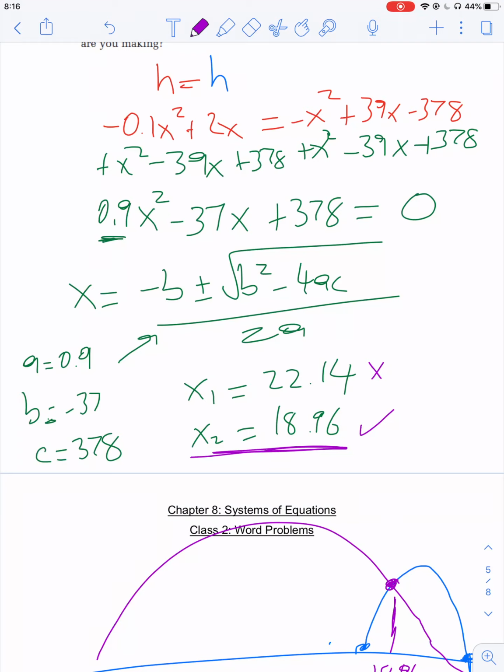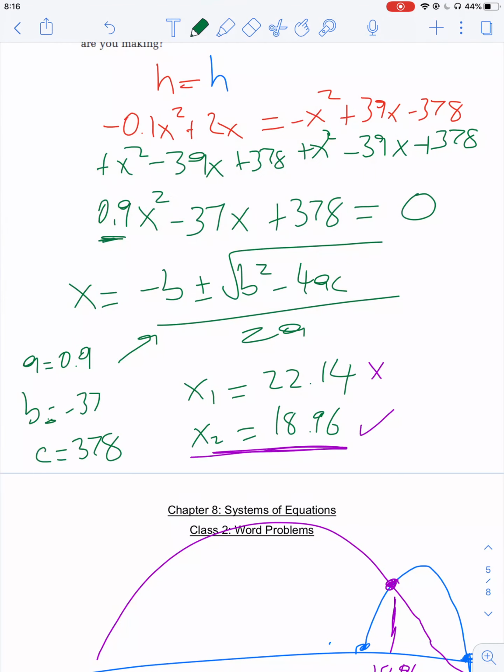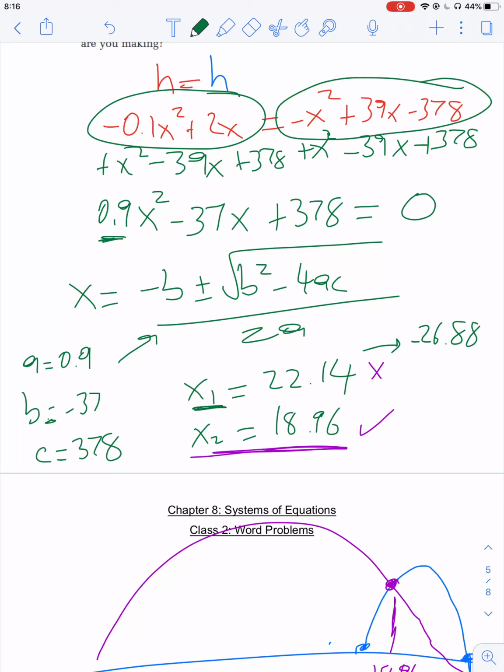Okay, so when I plug that value in, once I find my y value or my h value at this point of intersection, I am getting my h value to be minus 26.88.